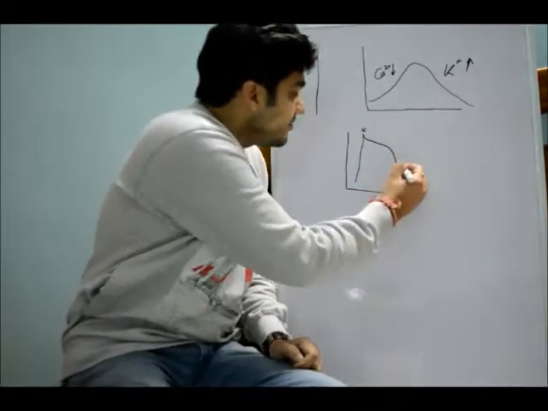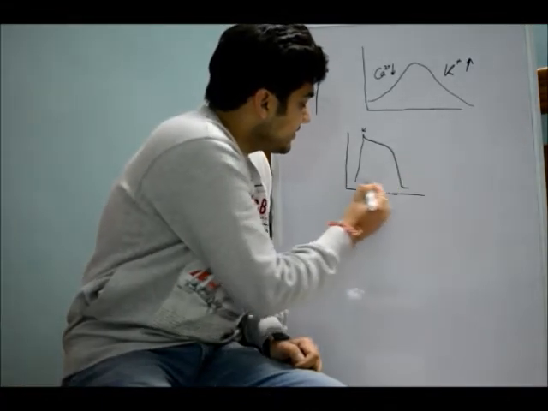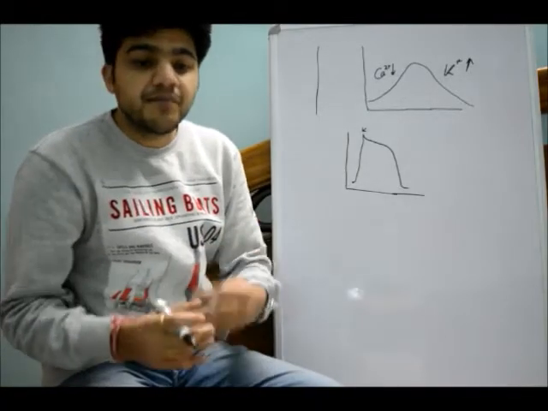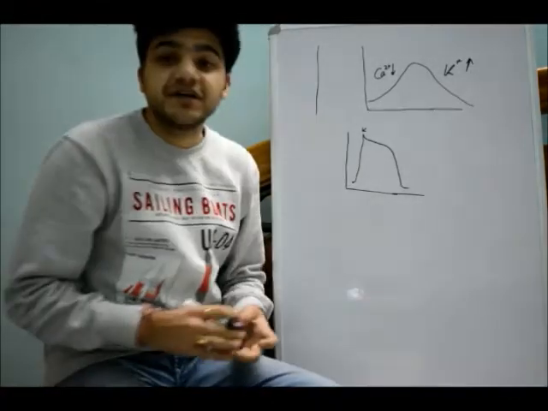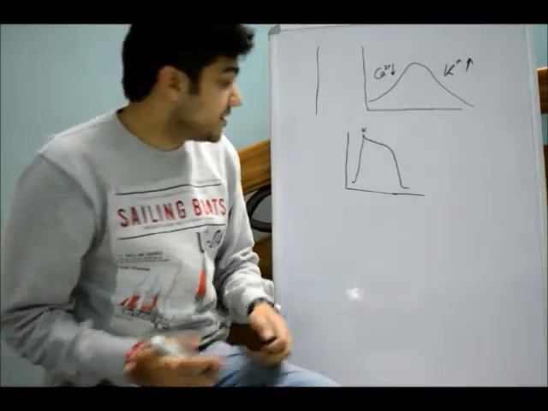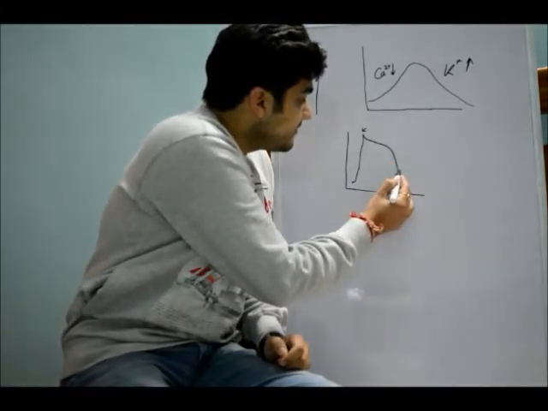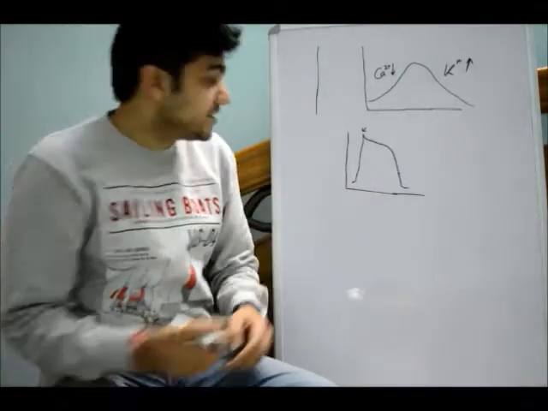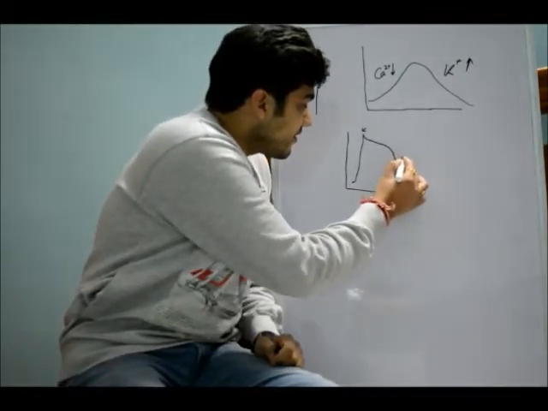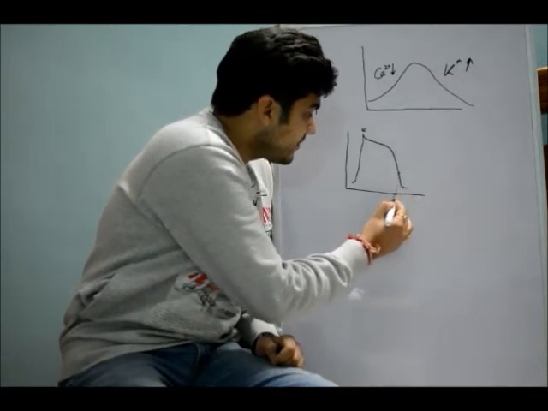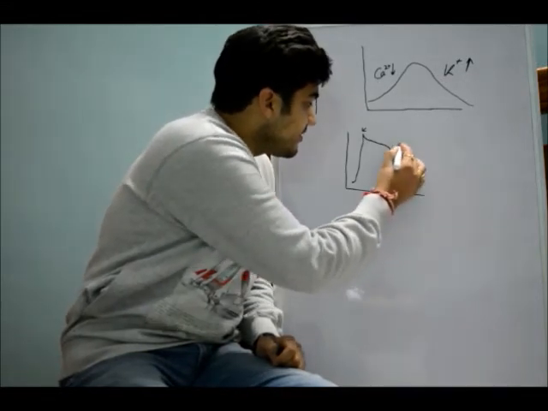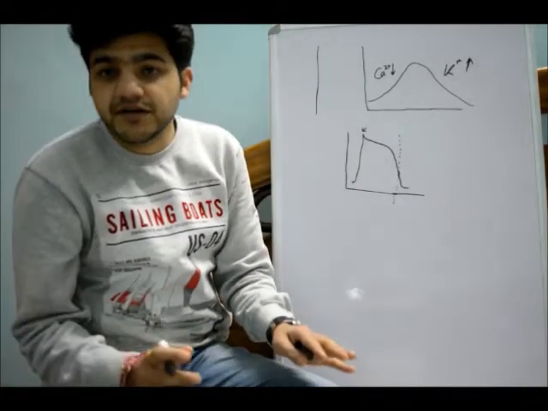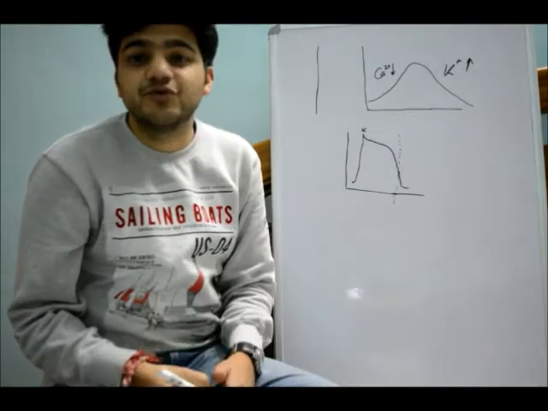When the voltage comes back and approaches the resting membrane potential, the sodium channels come back from the state of inactivation. So they are again ready to take another action potential. That coincides somewhere around here, towards the end of the action potential. And till this point, the cell is totally refractory. You can call it an absolute refractory period.